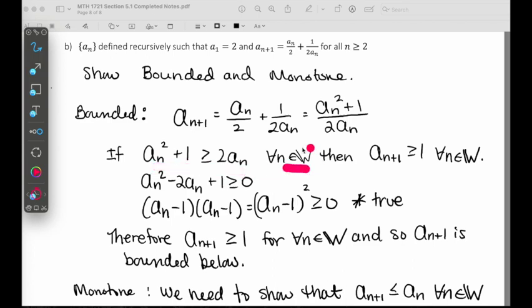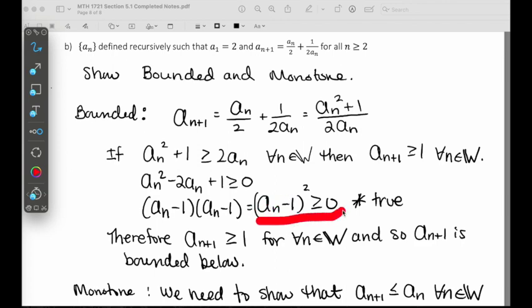I want to show that it works for all the whole numbers. So what I'm going to do first is subtract 2an from both sides, and I get an squared minus 2an plus 1 is greater than or equal to 0. And then this is a perfect square that I can factor, so I can rewrite this as an minus 1 quantity squared. Now, because this is squared, this is always going to be positive or 0.